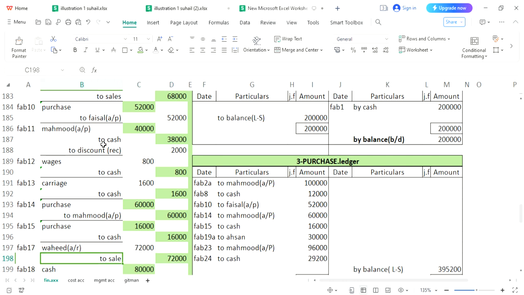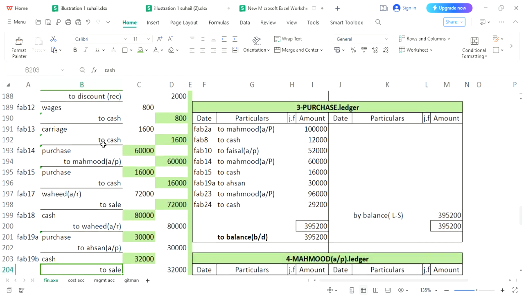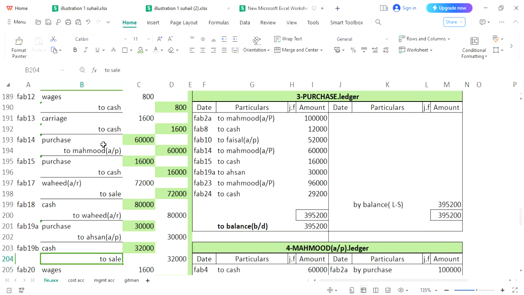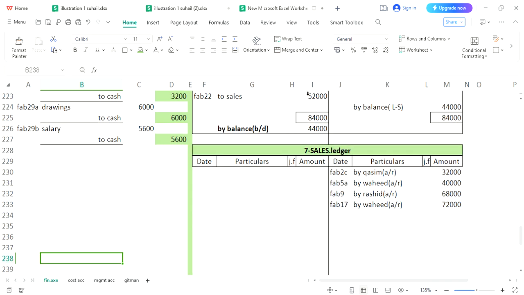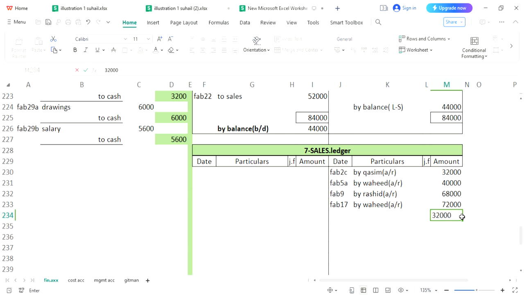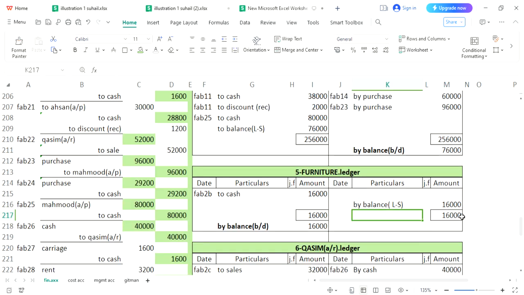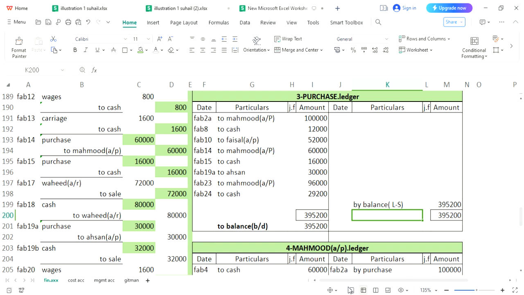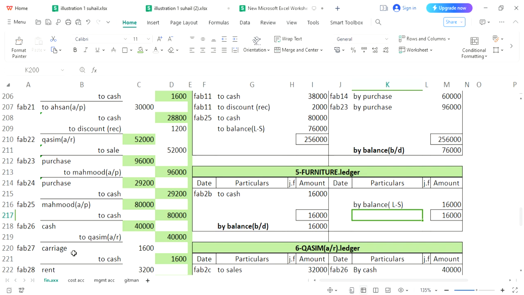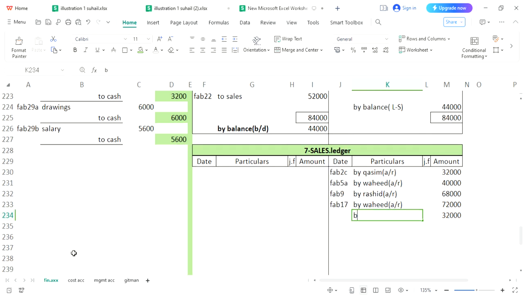Now we will start our search again for sale. Yes, we have found out February 19, sale is credited by 32,000. So again come over here and write down 32,000 in the credit column as sale was credited over there. So 32,000 was credited. What is written on the opposite side? That is cash. So cash will be used for reference.